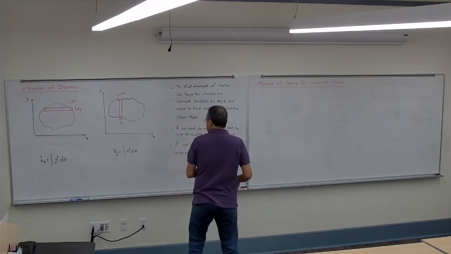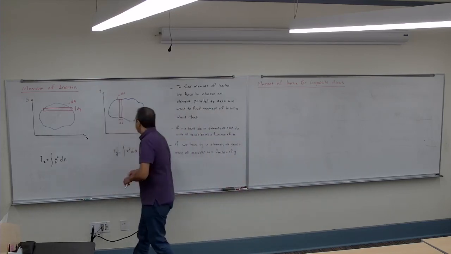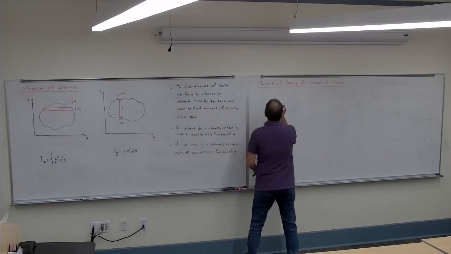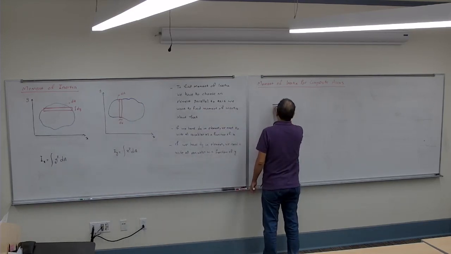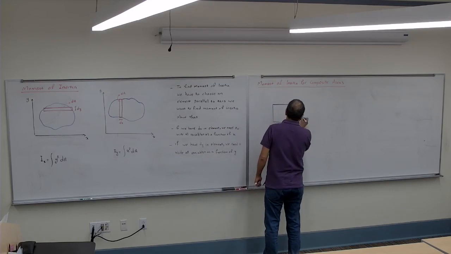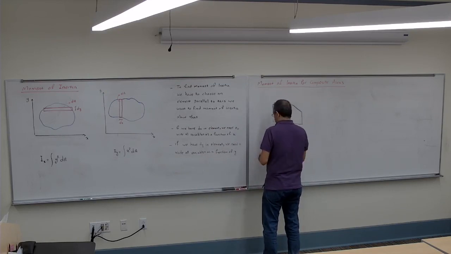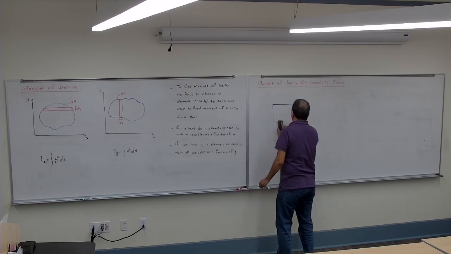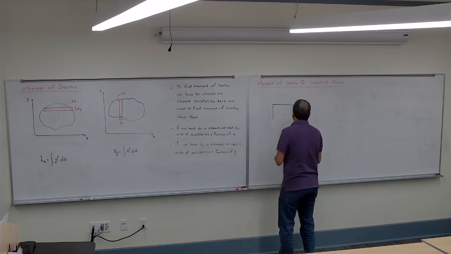So again, similar to the previous one, if I had a shape like this, I want to find the moment of inertia for that.